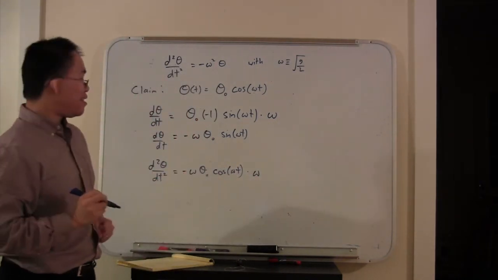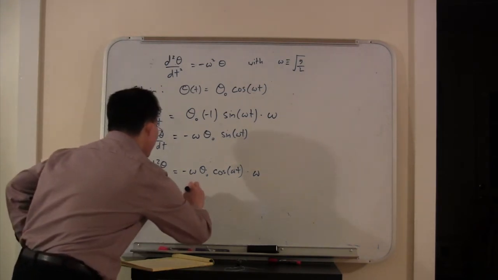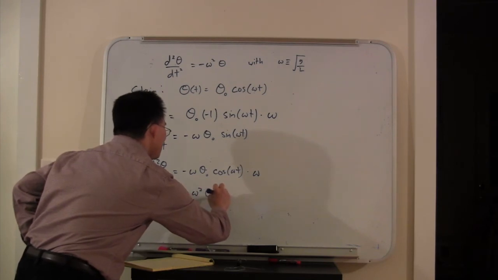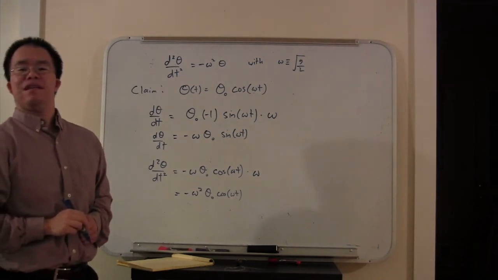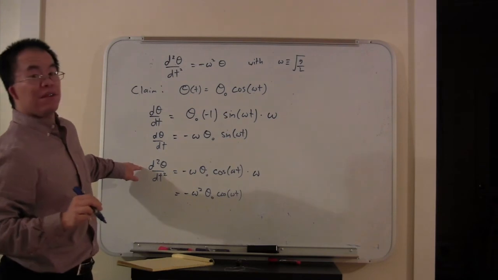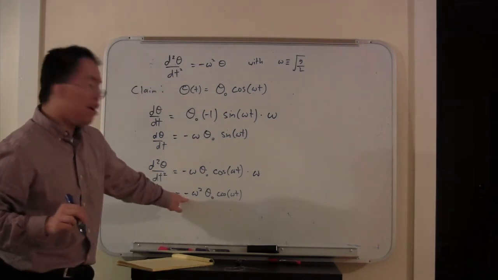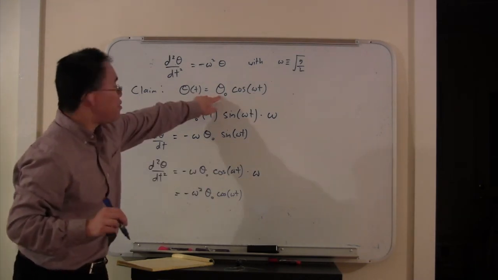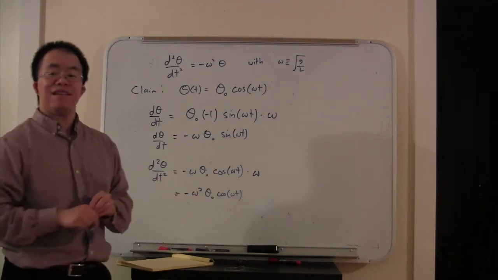Collecting everything together gives me minus omega squared theta naught cosine omega t. Lo and behold, our second derivative of our claimed theta of t is none other than minus omega squared times the solution theta naught cosine omega t, right?